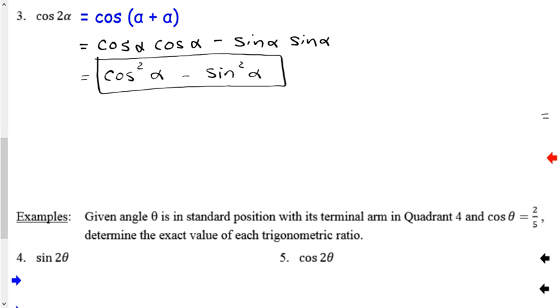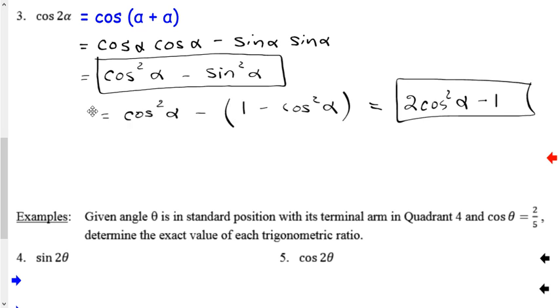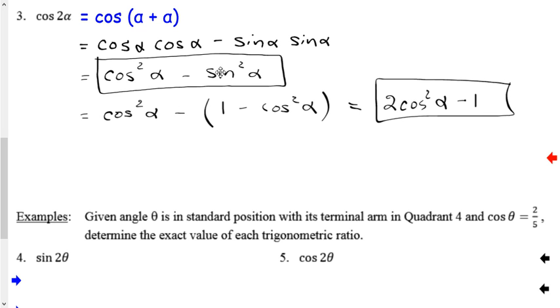Now, if you looked at your formula sheet at all, you'll have seen that there are two other identities given for cosine of 2 alpha. And those come from using the Pythagorean identity to do some manipulating. So here, for example, if I was to replace sine squared alpha with 1 minus cos squared alpha, again using that Pythagorean identity, it would simplify down to what we have in the box here, 2 cos squared alpha minus 1.